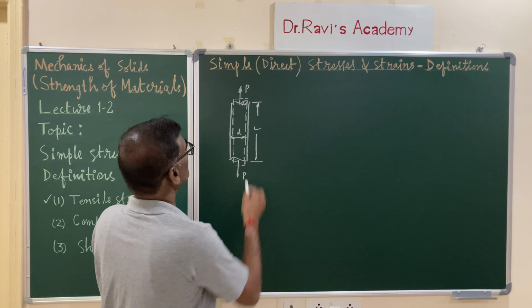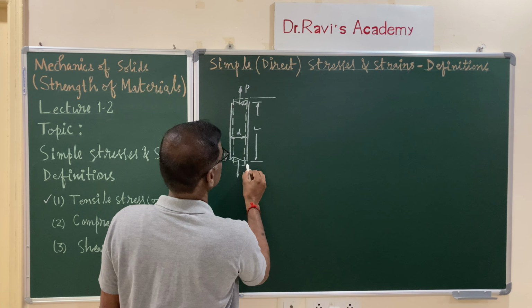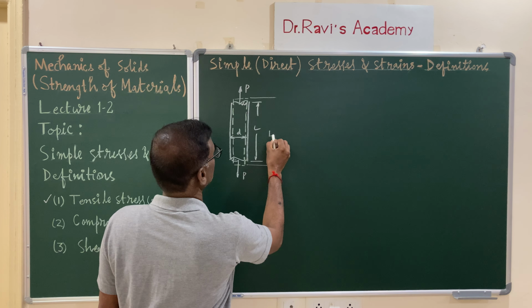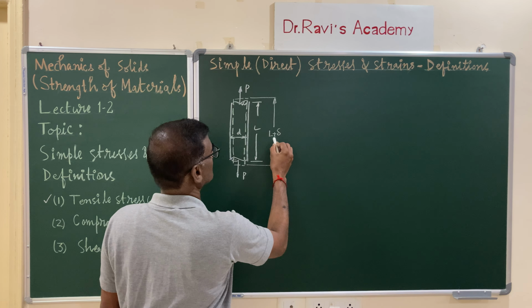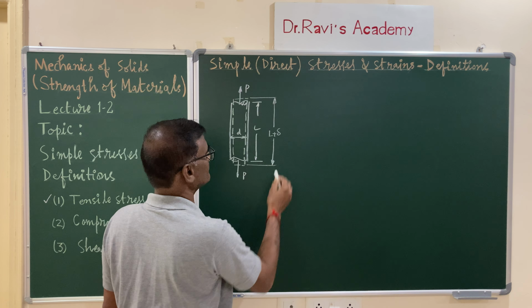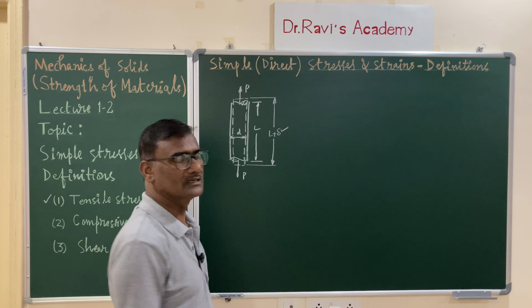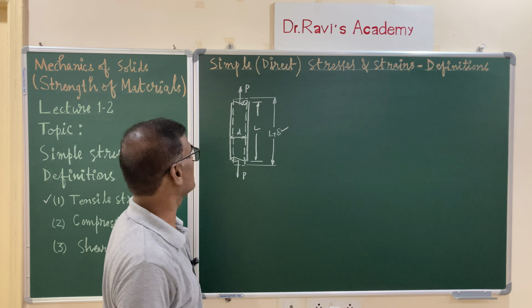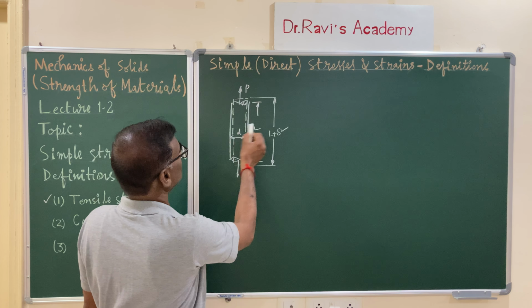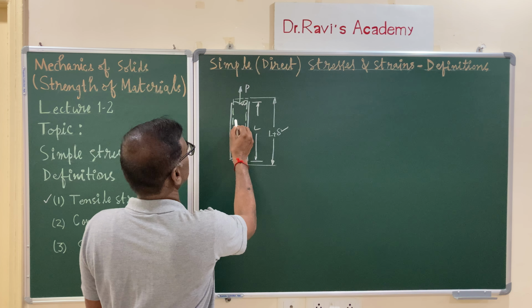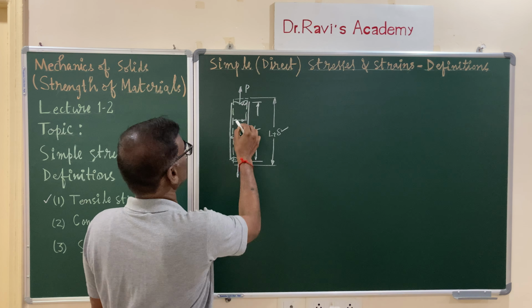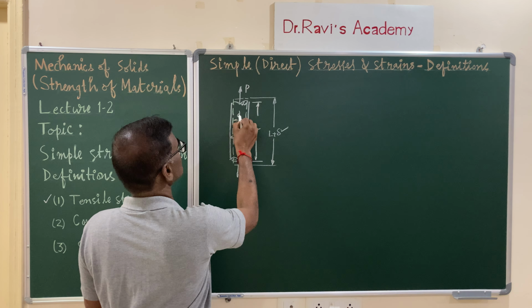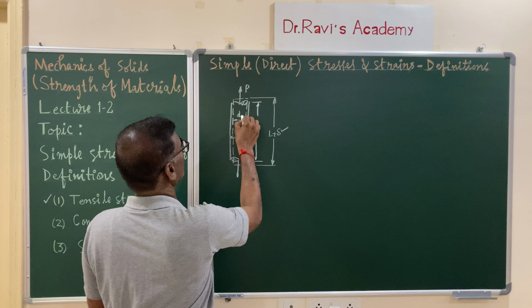Here you can see that there is an extension of the bar. L plus delta is the length of the bar when it is subjected to loading. That means there is an increase in the length by extension delta. And observe carefully, there is a decrease also. There is a decrease of the diameter, which I am calling D1.